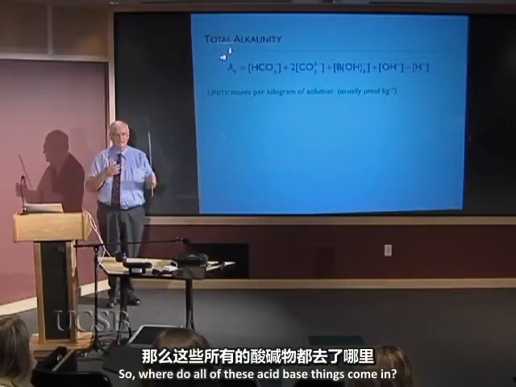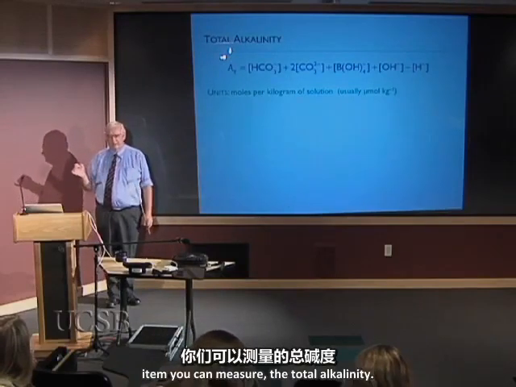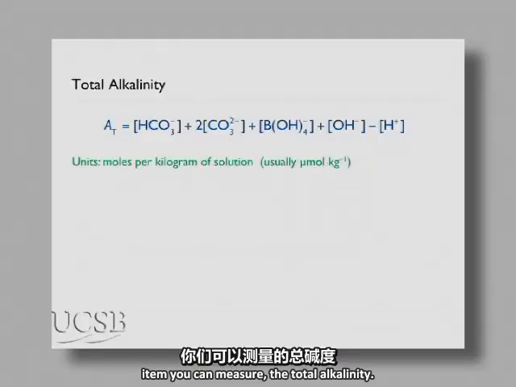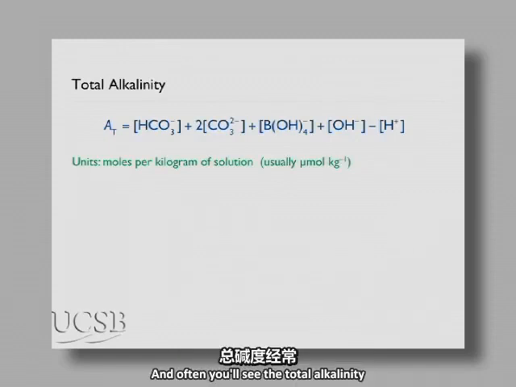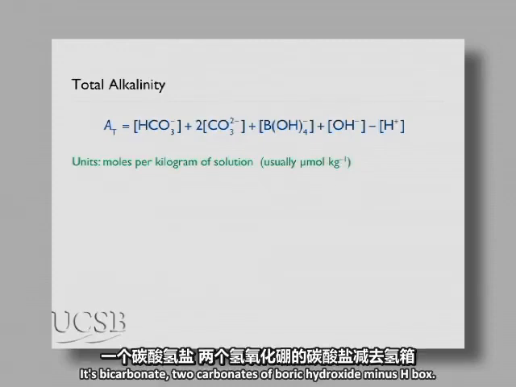So where do all these acid-base things come in? They come into one other item you can measure, the total alkalinity. Often you'll see the total alkalinity written by this expression: bicarbonate, 2 carbonates, a borate, a hydroxide, minus H+.